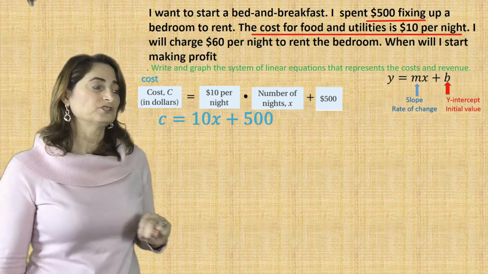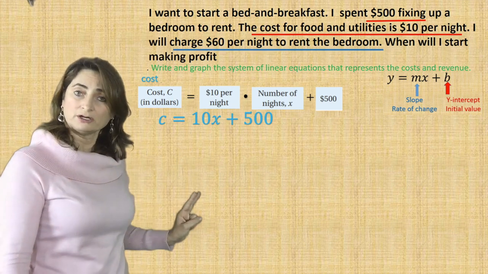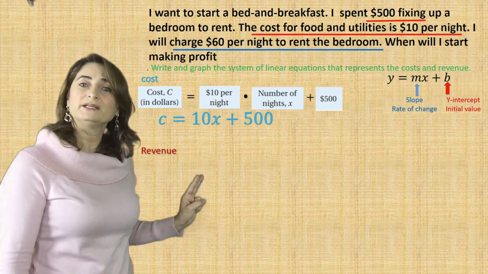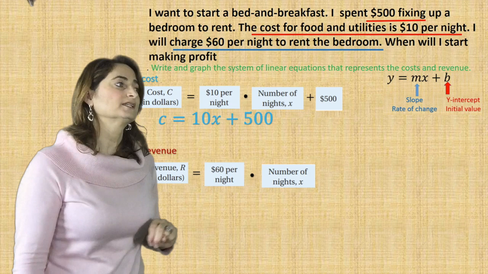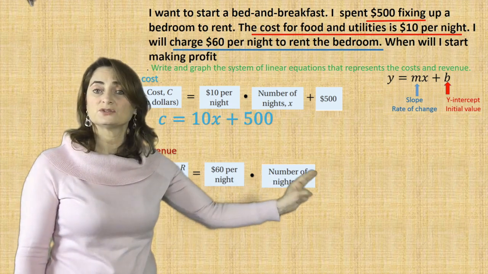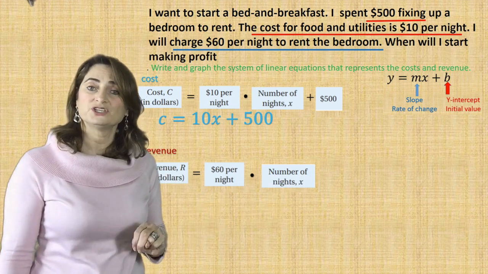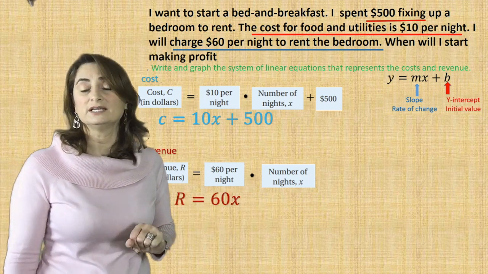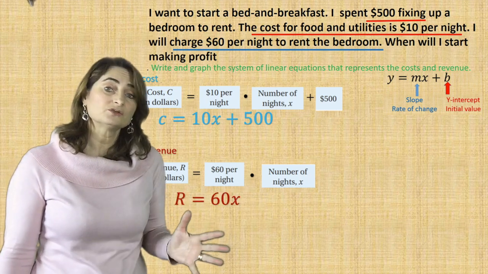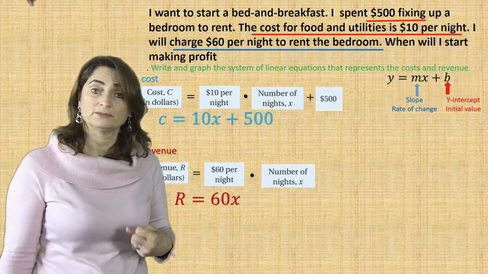The second equation, which is for the revenue, or R, or the income I will be making after renting those rooms, which is I am charging $60 per night, so the slope or rate of change is $60. So R equals 60x, or 60 times x. There is no starting revenue or income.